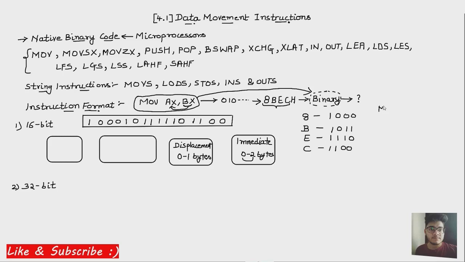For example, let's say I'm saying MOV AX, and I'm going to say BX plus 1000H, something like this. So this is actually the displacement. So we can add displacement in an instruction. Since these two are direct data which are provided by the instruction, we are not going to focus on them. But these first two are very important, which we are going to focus on more.